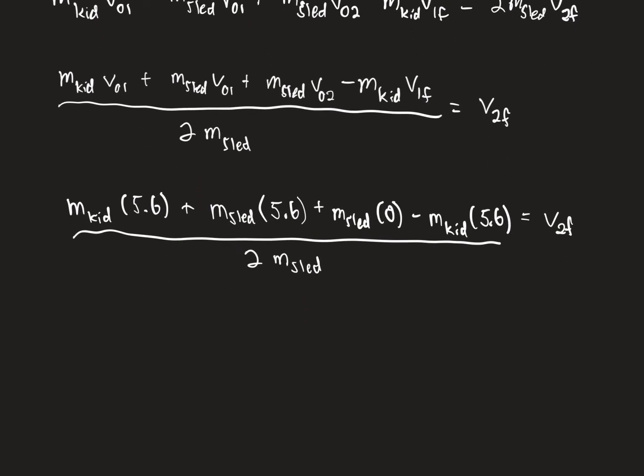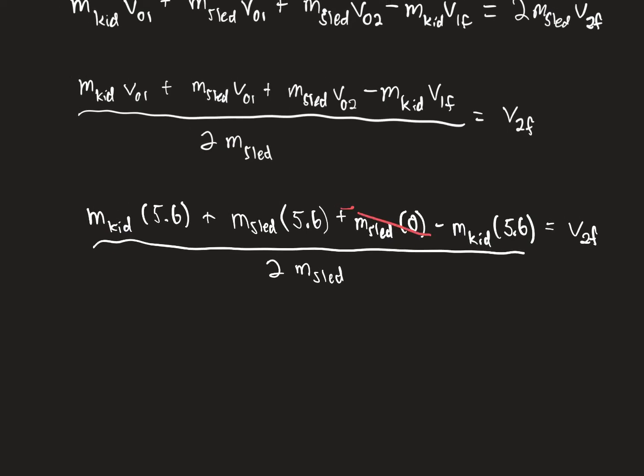Can I cancel anything out? I can get rid of the M sled times 0. Right, that goes away. Can I get rid of anything else? M kid times 5.6 minus M kid times 5.6 means those two cancel out to give me 0.